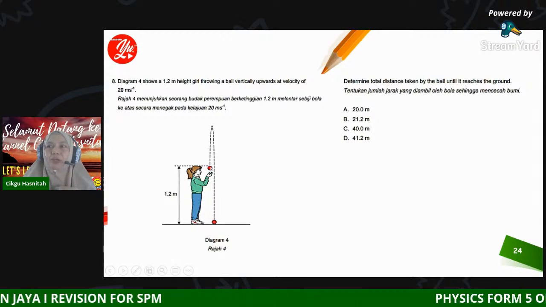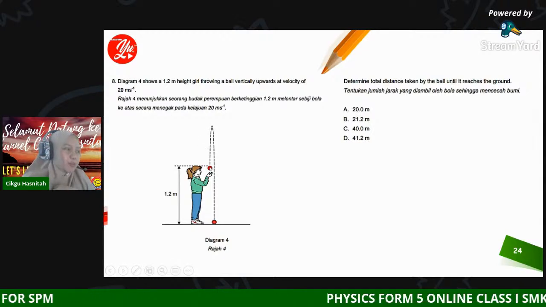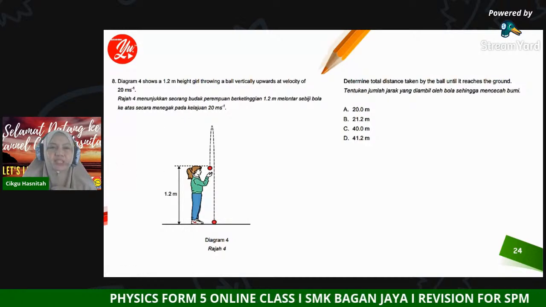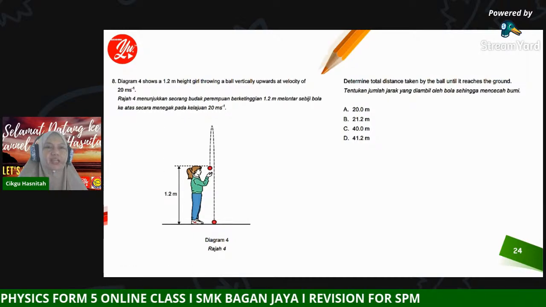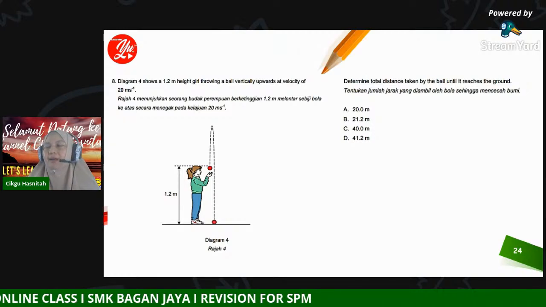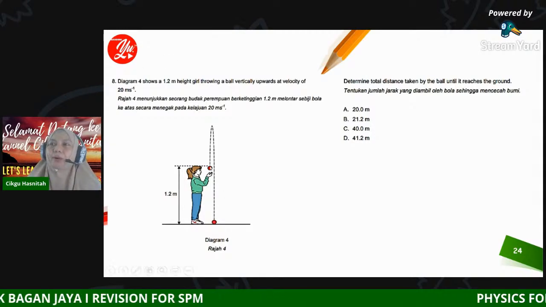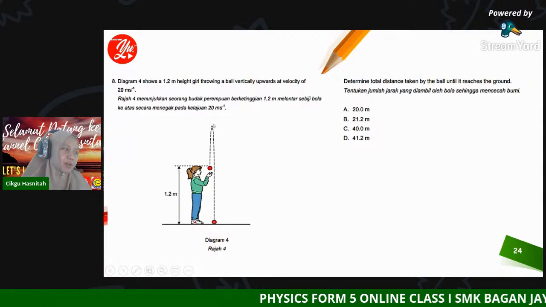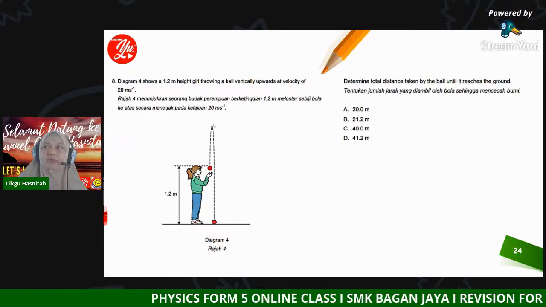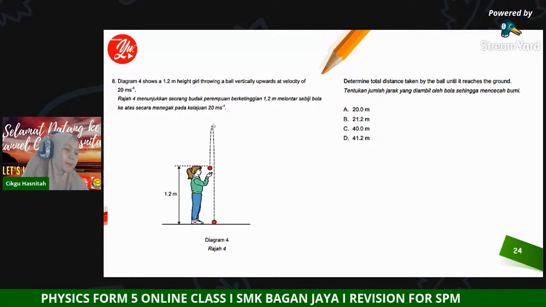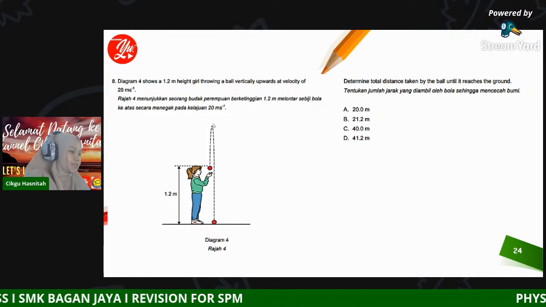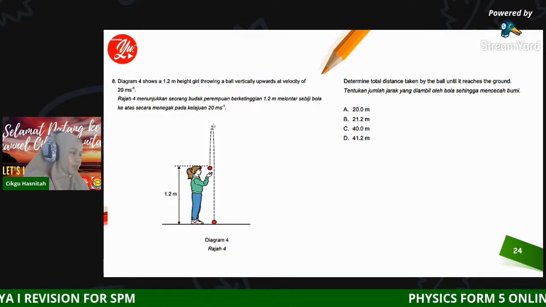What happens? You start throwing with a velocity of 20 meter per second, which means U is 20 meter per second. So you can jot it down, U is 20 meter per second. And when the ball reached the maximum height, what happened to its velocity?